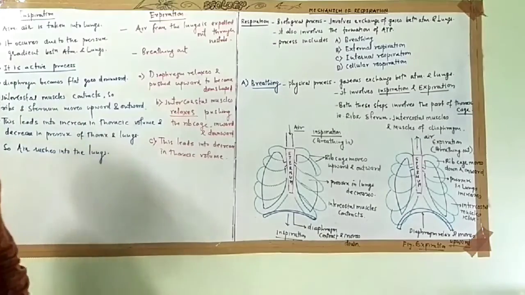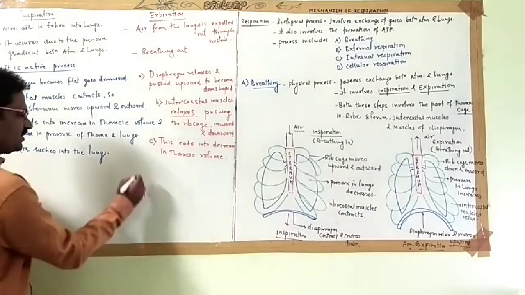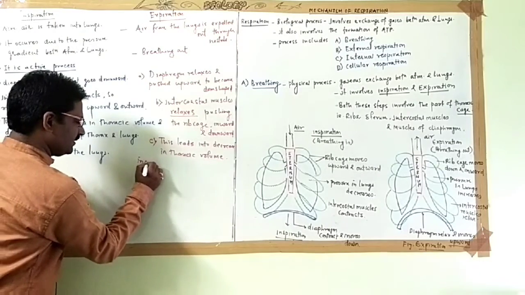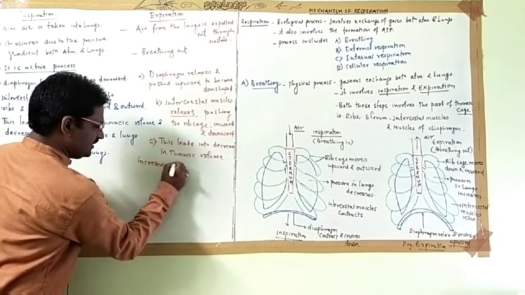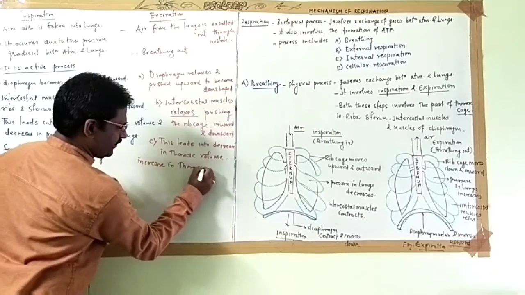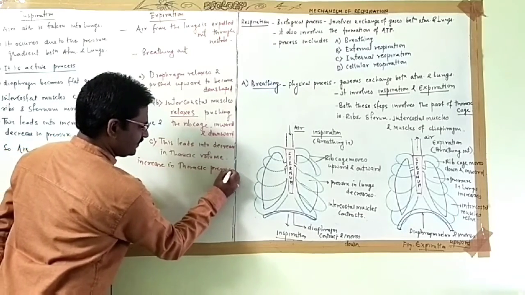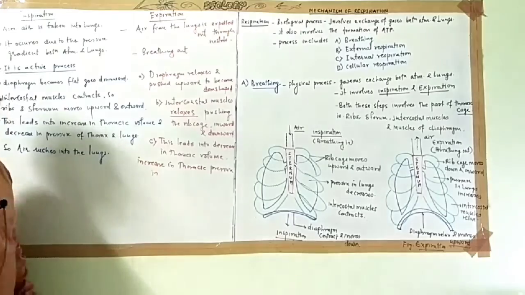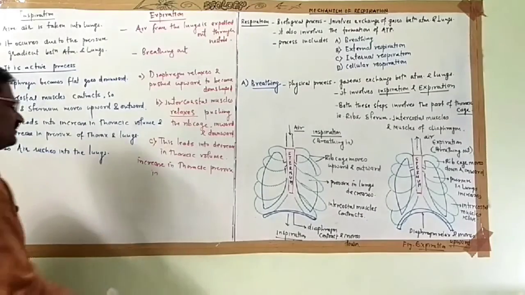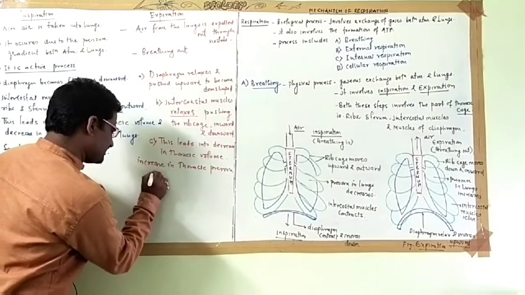Decrease in thoracic volume and increasing thoracic pressure in thorax and lungs. Pressure of thorax and lungs.